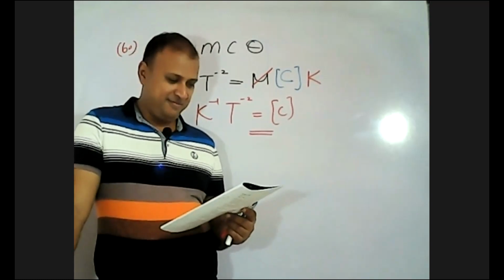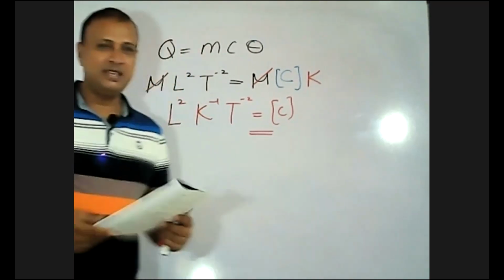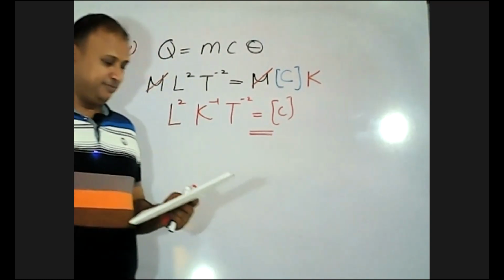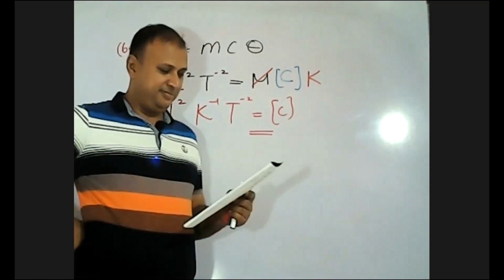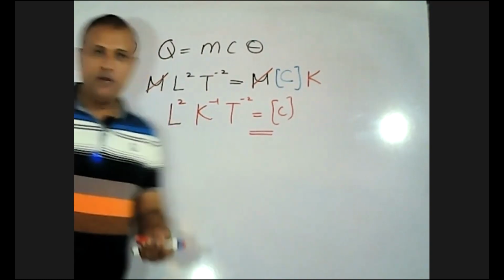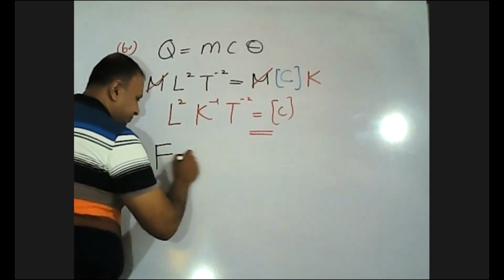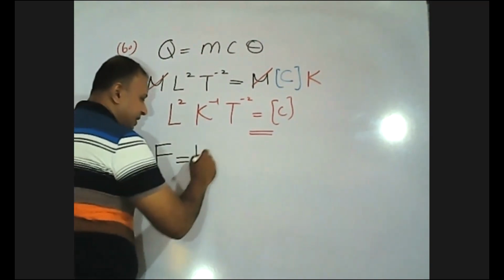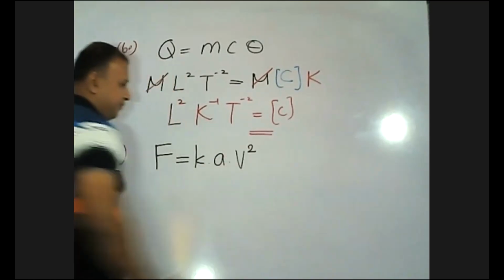The easiest method, a short method. Look at this formula. Listen very carefully: F is equal to K into A into V squared.